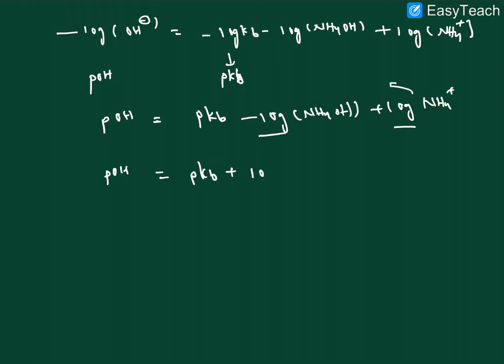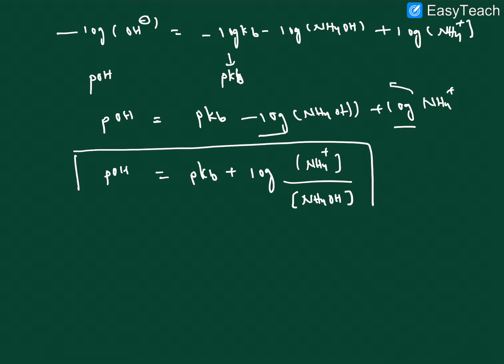So let me write that pOH is equal to pKb plus log of the NH4 plus concentration over the ammonium hydroxide concentration. So this is the pOH formula, right?